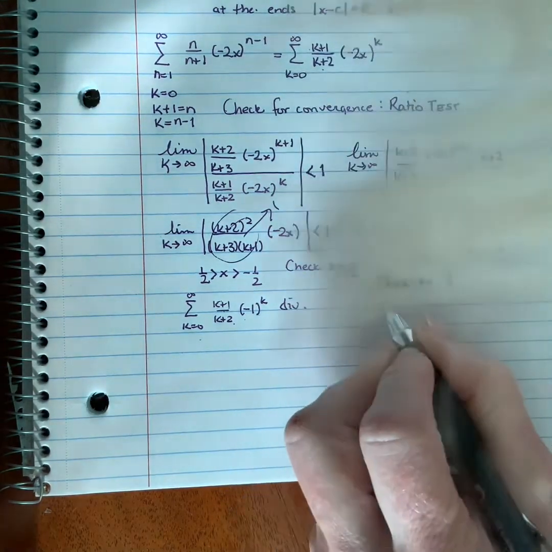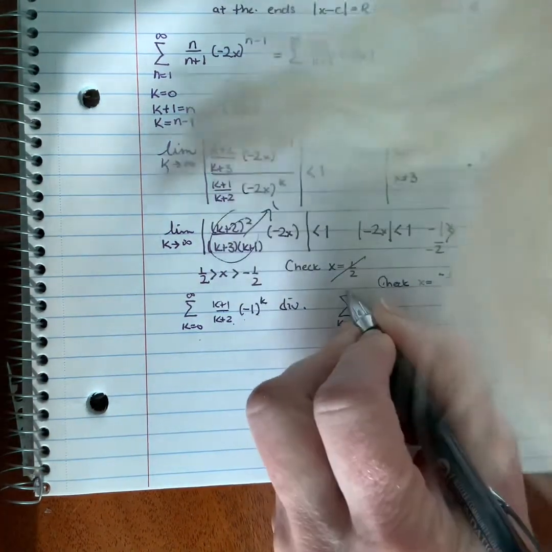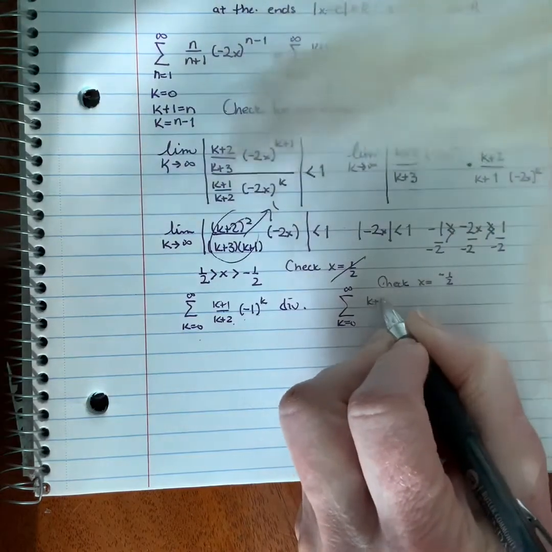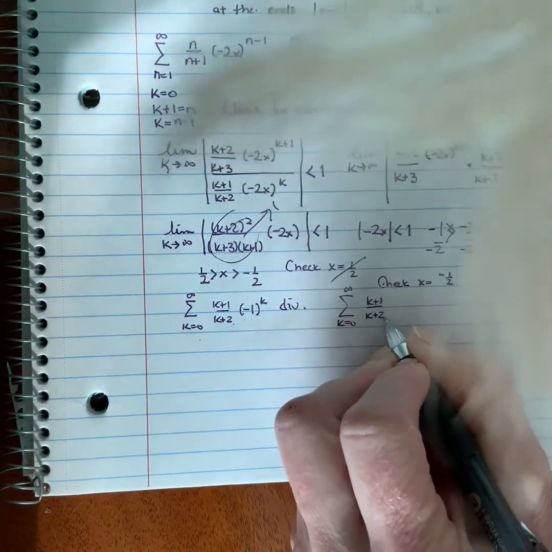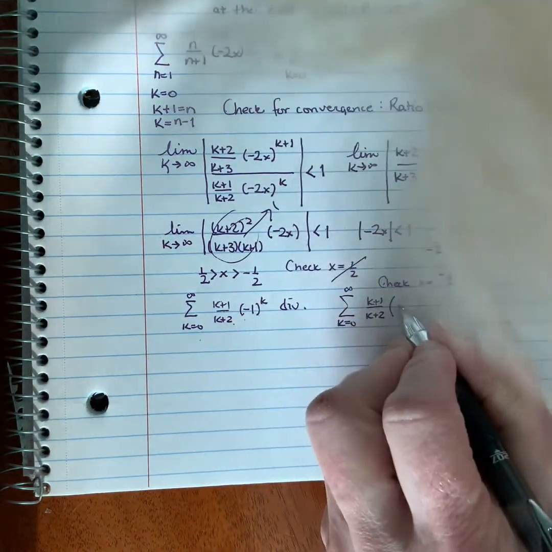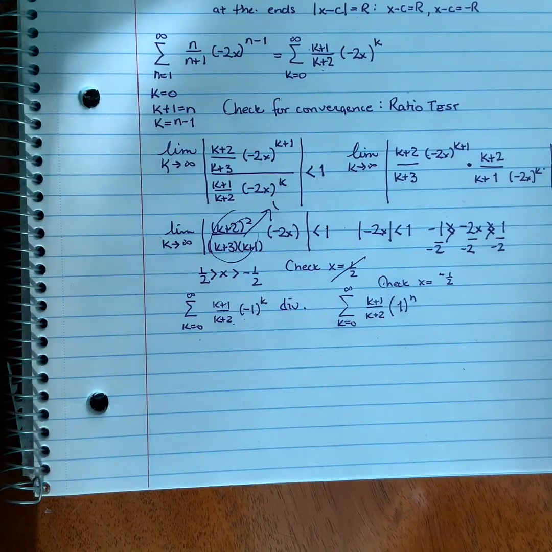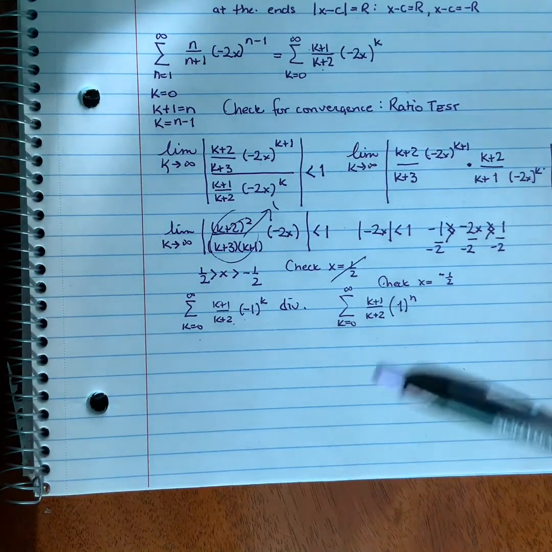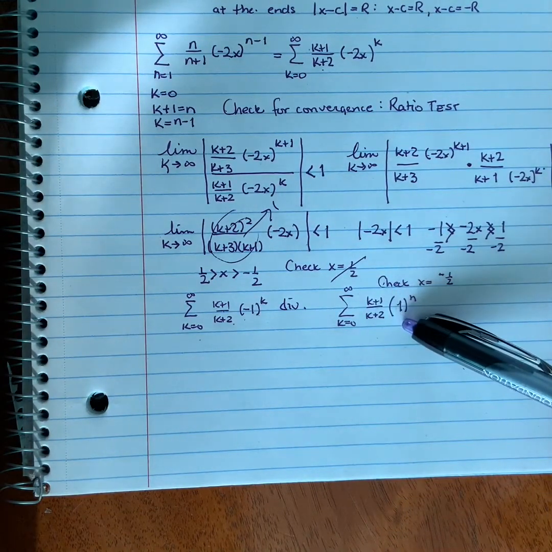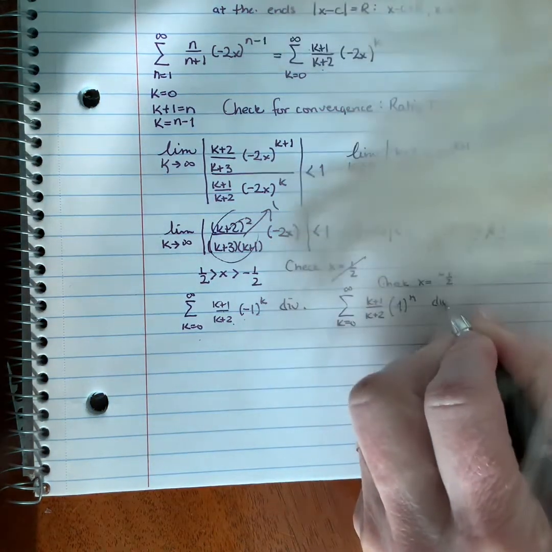Put that in. We've got the sum from k equals 0 to infinity of (k+1)/(k+2). We've got minus 1/2 times minus 2, so that's just 1 to the k. Well, this one doesn't even alternate. It is just essentially adding 1 to itself an infinite number of times. That one diverges.